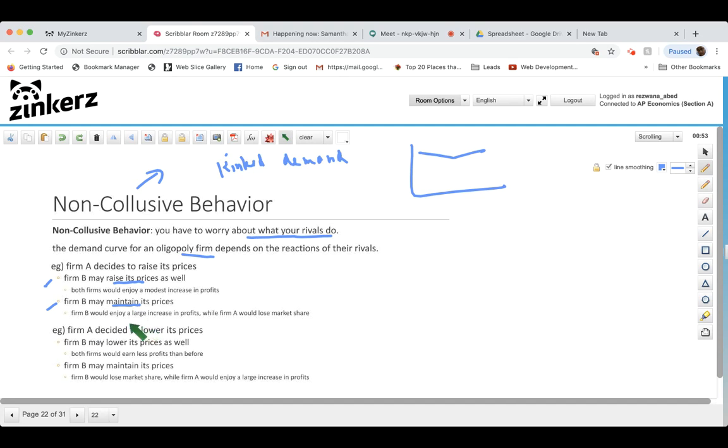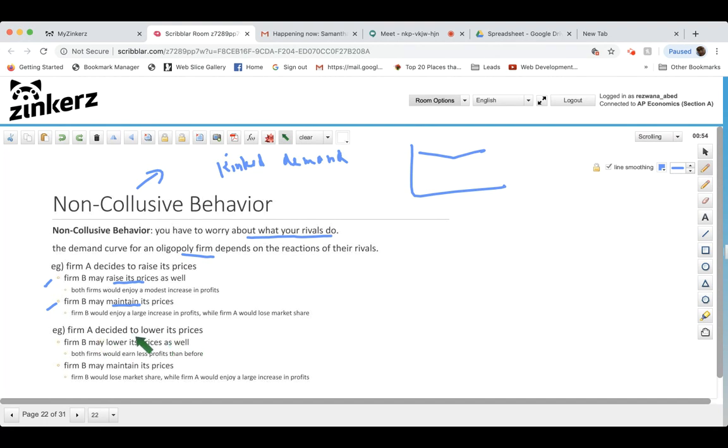And then in another example, if farm A decided to lower its prices, and farm B also decides to lower their prices, by seeing what farm A is doing, both farms are now going to earn less profit than before, right? Because now they have both lowered their prices, and their profit is going down.